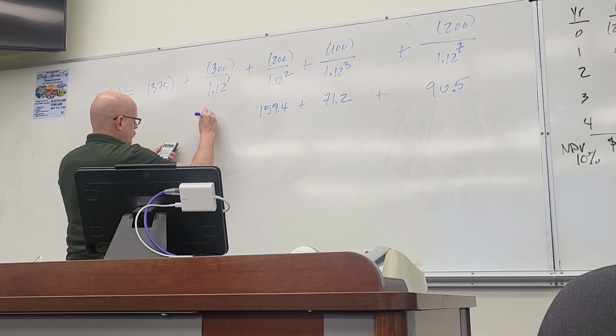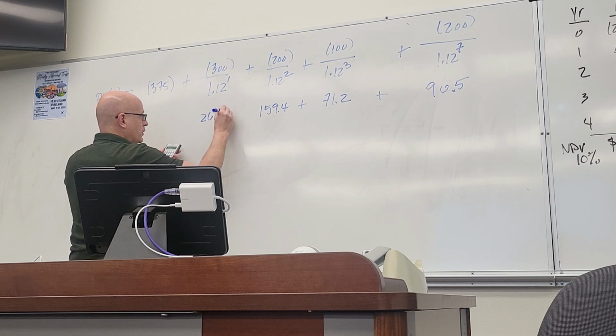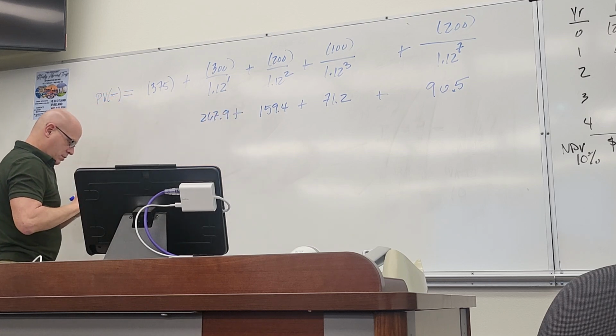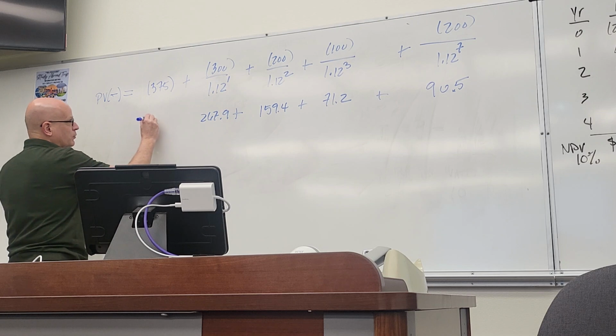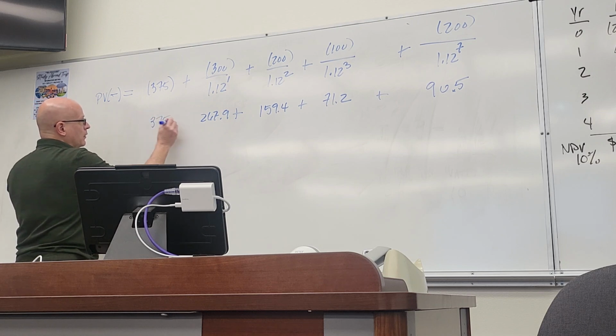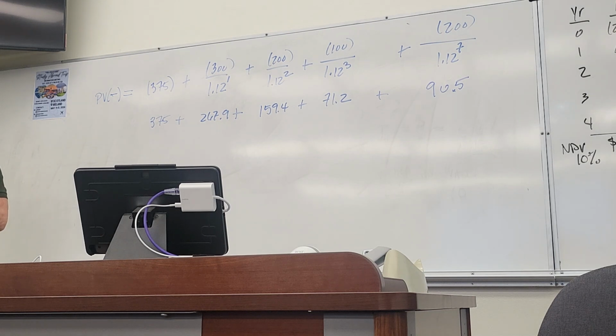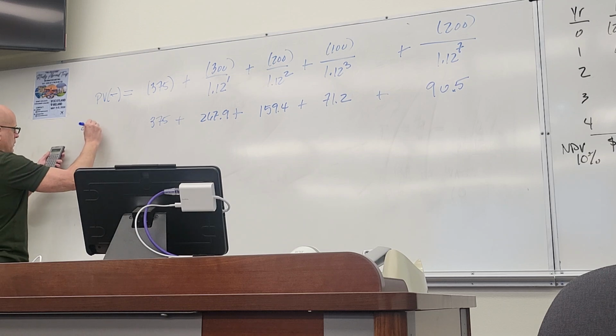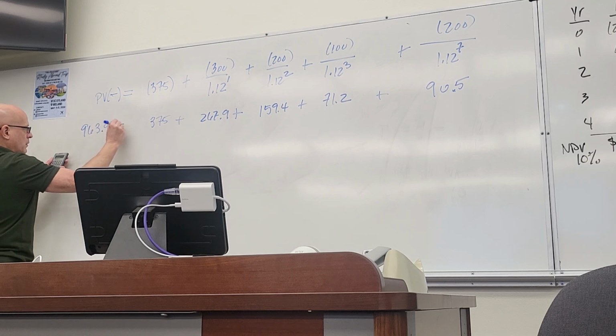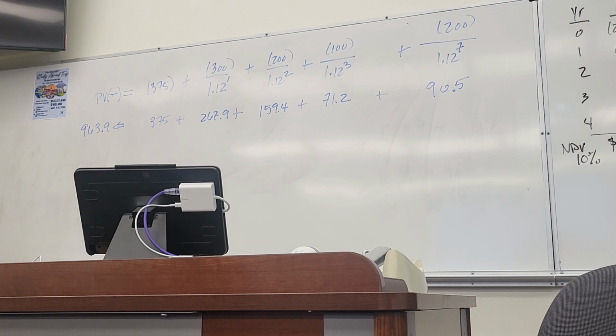That is 267.9. And then 375. I'm leaving the negatives out. You could put the negatives in there, that's fine. Right, so we're going to get 963.90. Okay, that's the present value.